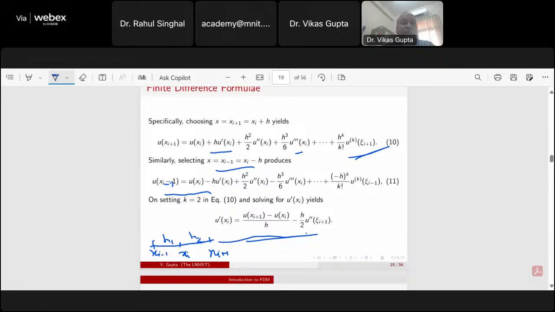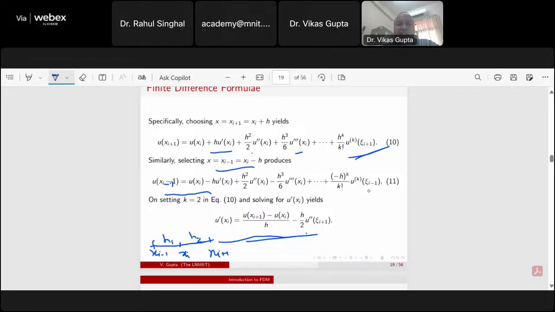While on the interval xi minus 1 to xi, the mesh width is h1 if the mesh is non-uniform. In that case, u(xi minus 1) will be equal to u(xi) minus h1 u prime xi plus h1 square upon 2 u double prime xi minus h1 to the power 3 upon 6 u triple prime xi, and so on.